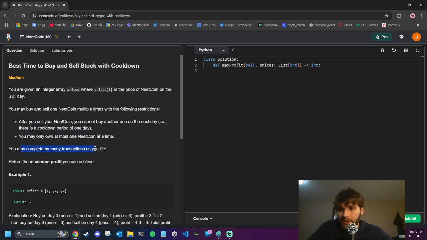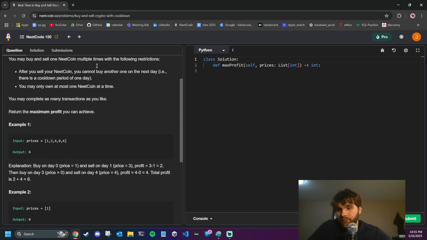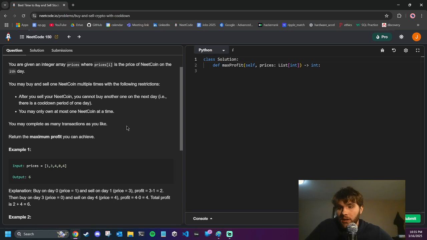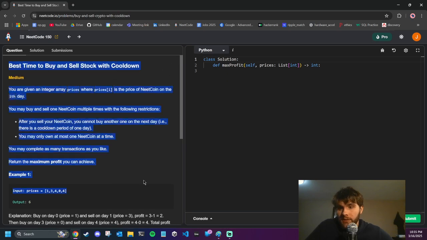You may complete as many transactions as you like and find the maximum profit. So we're trying to get the maximum profit. I think the tricky part is the cooldown. Okay, so I get what this question's asking.